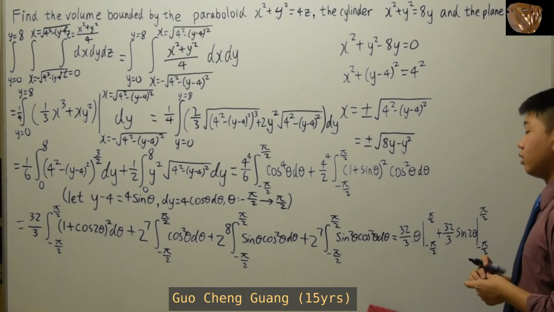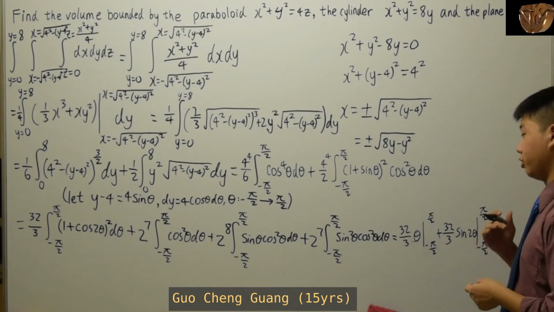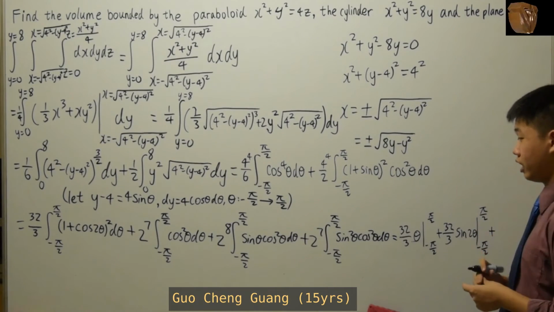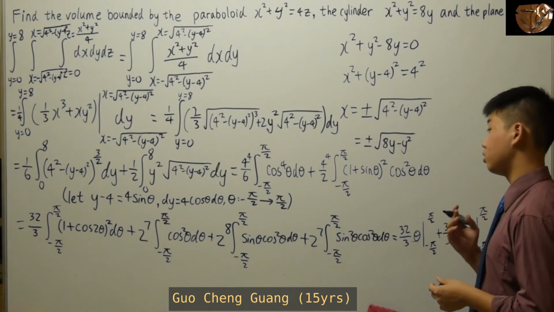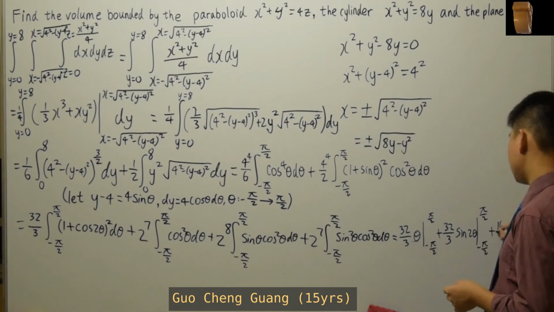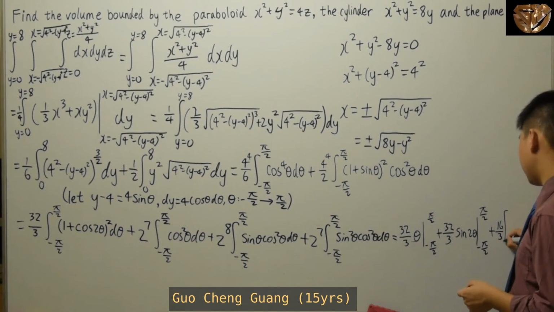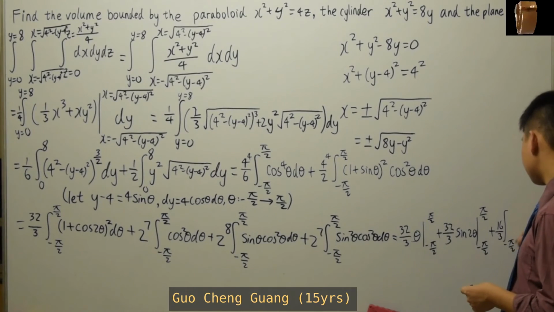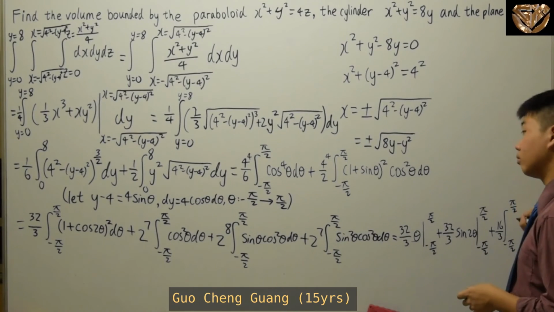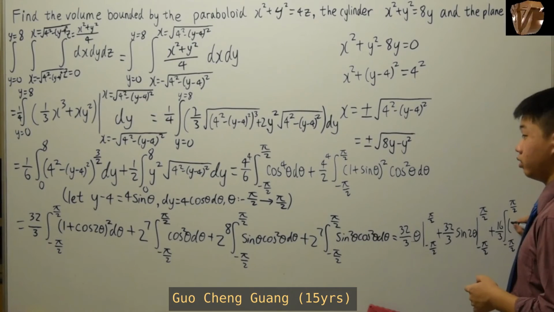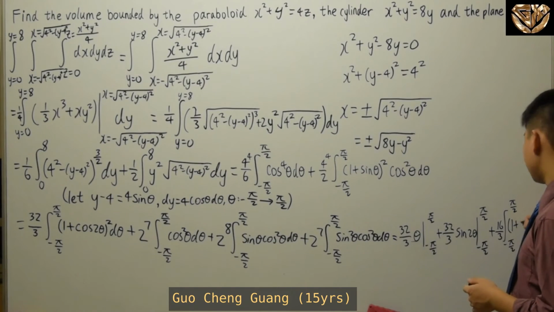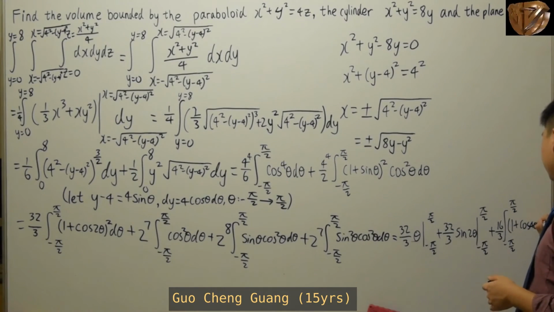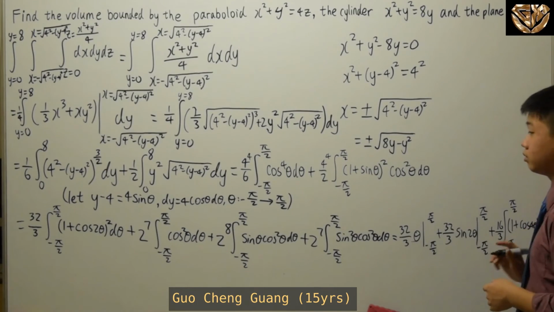Well, for the last term of your first part, you're going to have a cosine squared 2 theta, which then once again you have to use your double angle formula. And you will get 1 plus cosine 4 theta d theta.